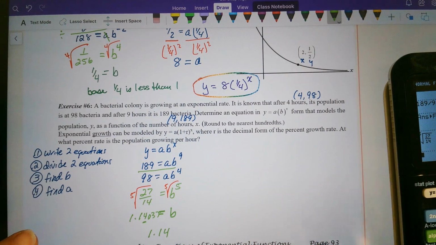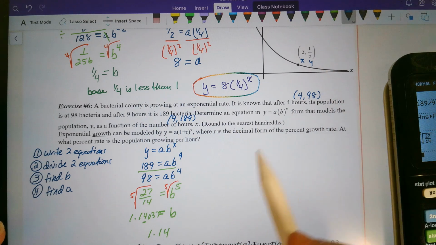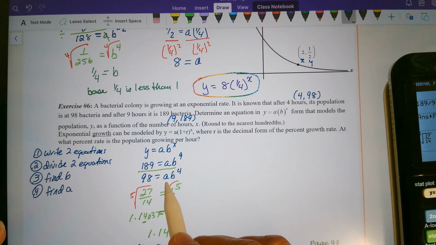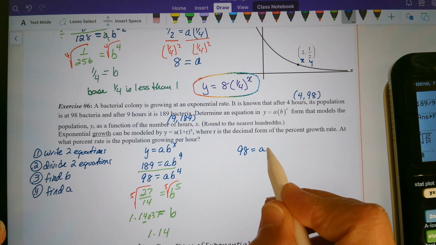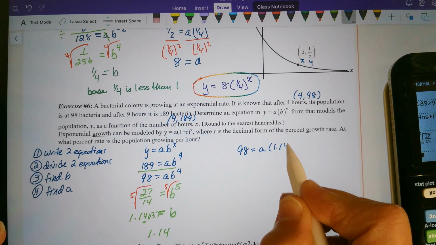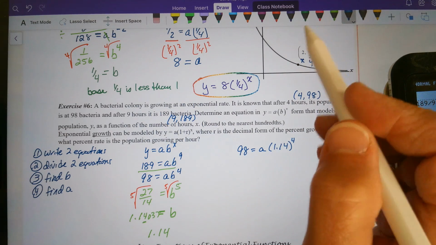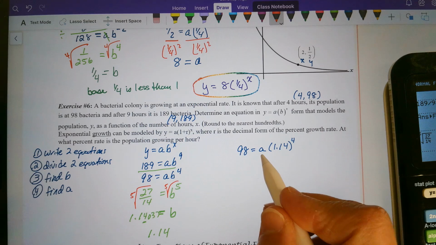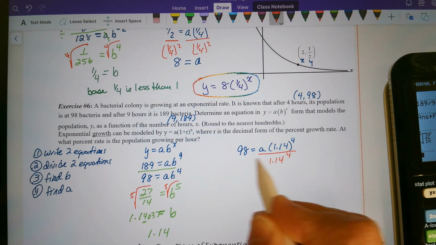Now to find A, we go back to one of our two equations here. I'll go back to the second one. So 98 equals A times 1.14 to the 4th. We want A by itself. Don't bother keying in 1.14 to the 4th. Let's just get rid of the multiplication by dividing by 1.14 to the 4th.